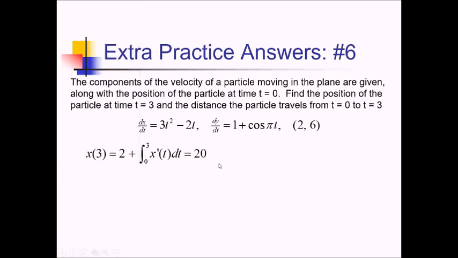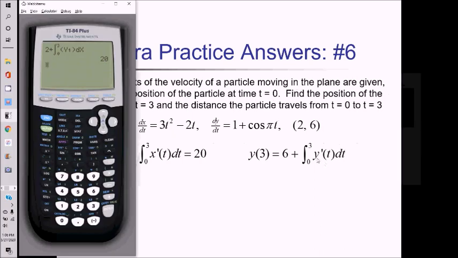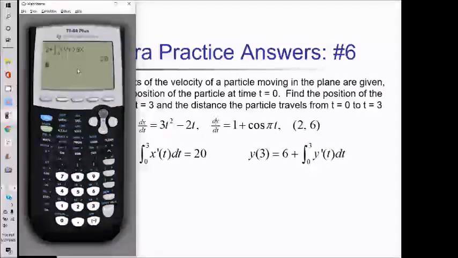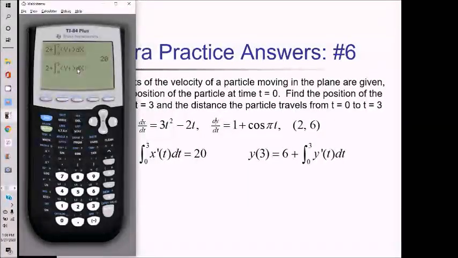Now to find the y value at 3, I need to take my initial y value of 6 that was at time 0, and I have to add the integral from 0 to 3 of y prime of t dt. Going back to the calculator for that, I can actually yank my input from before and just change a couple things. So I'm going to change this initial value here to 6 instead of 2.